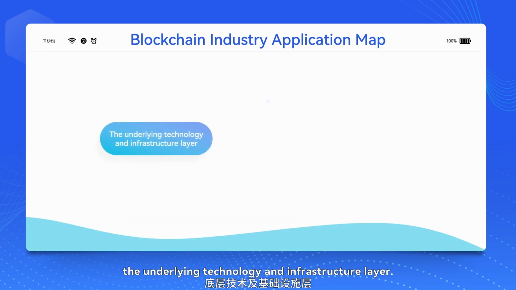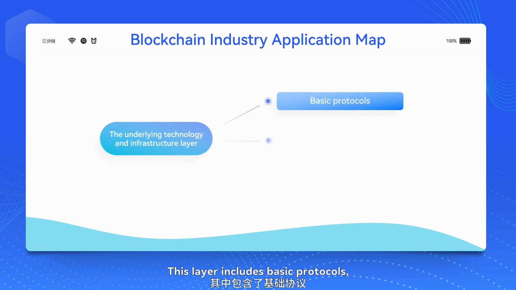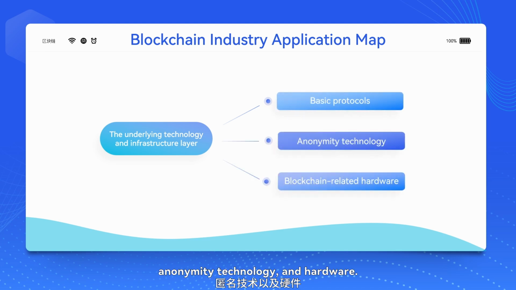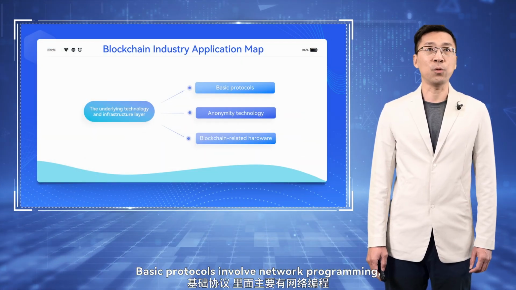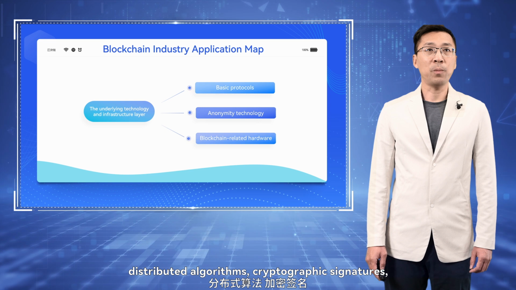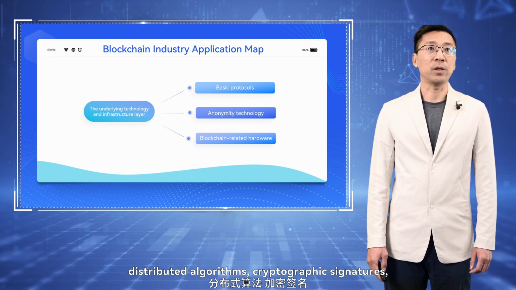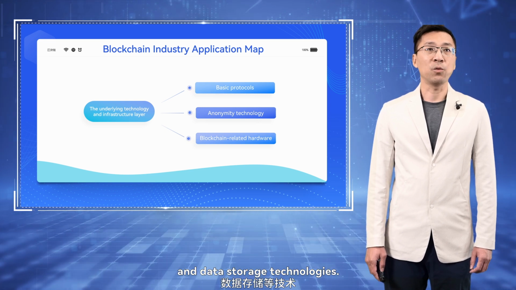Let's first explore the underlying technology and infrastructure layer. This layer includes basic protocols, anonymity technology, and hardware. Basic protocols involve network programming, distributed algorithms, cryptographic signatures, and data storage technologies.